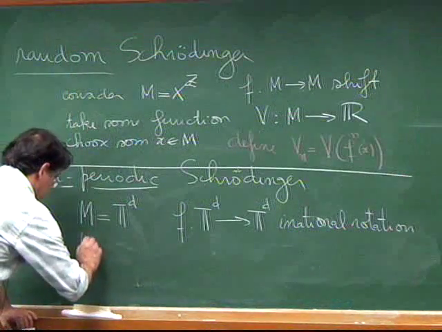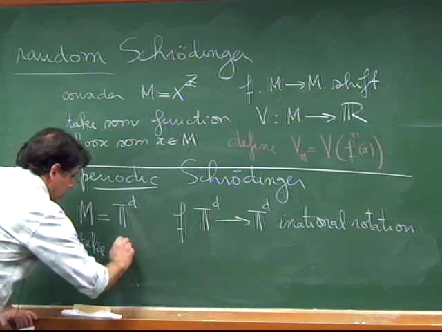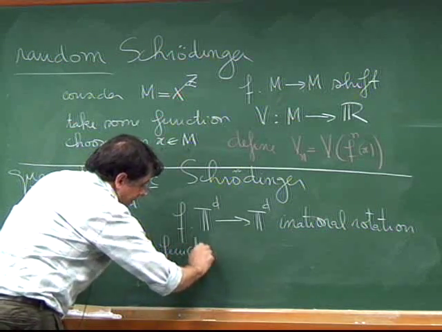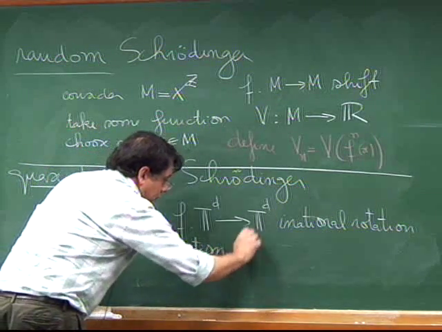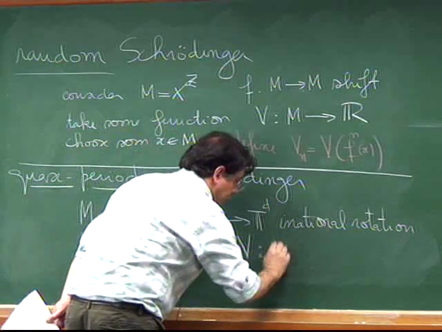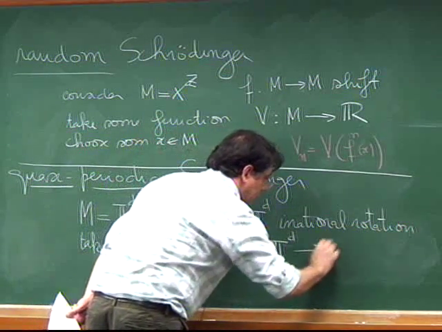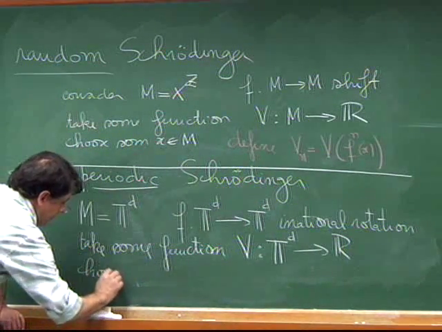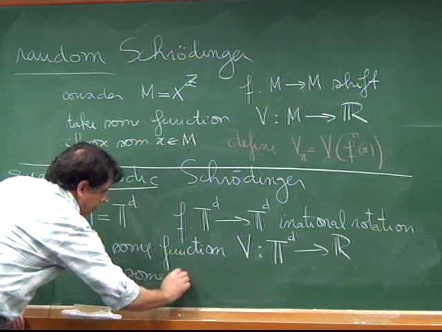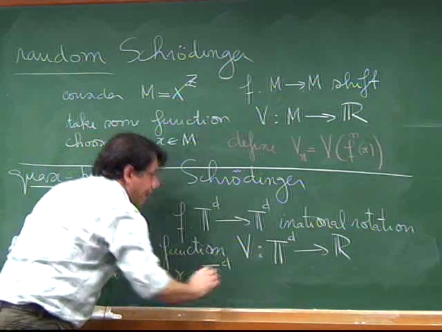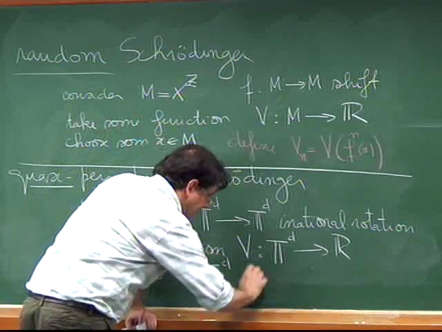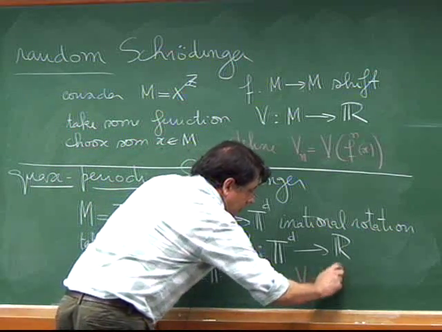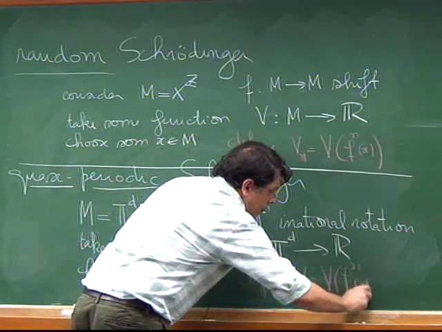And take some function V as before from T^d to R, choose some x in T^d, and then define V_n as V of F^n of x.